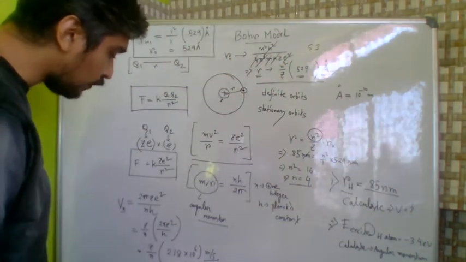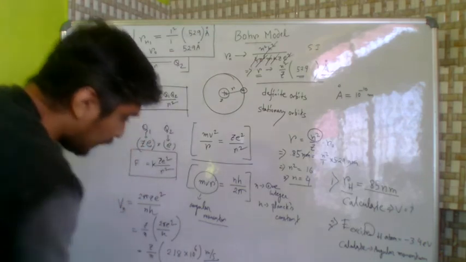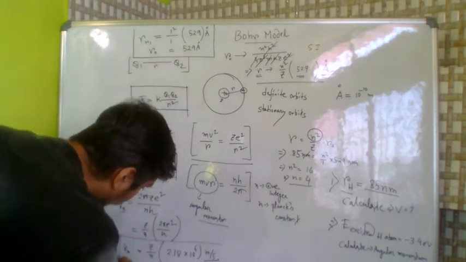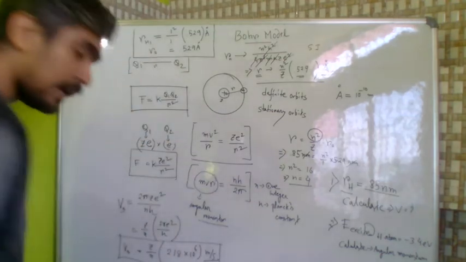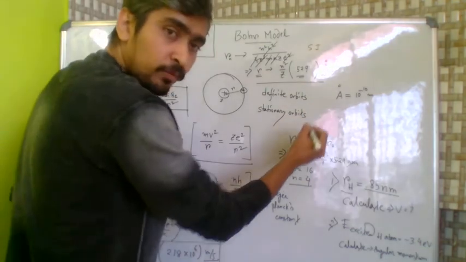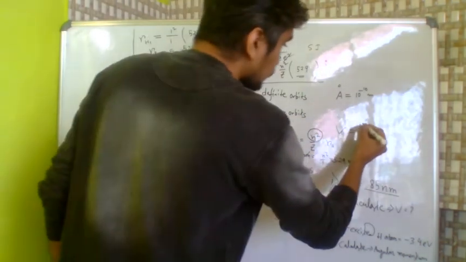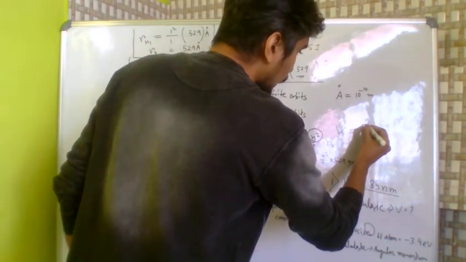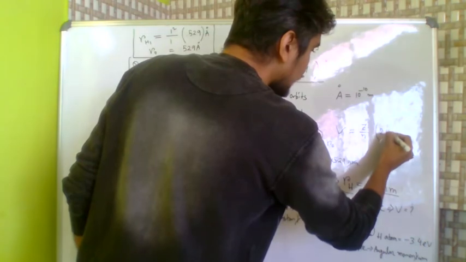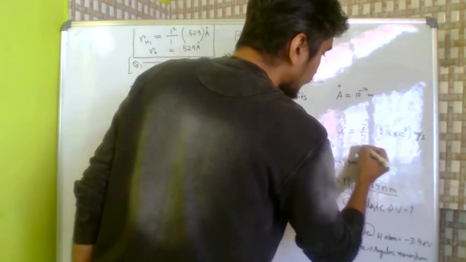So calculate V. What will be the value of V? Vn will be this. So V is Z by n into 2.18 into 10 to the power 6 meter per second.